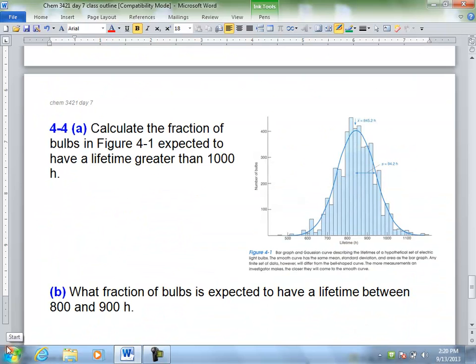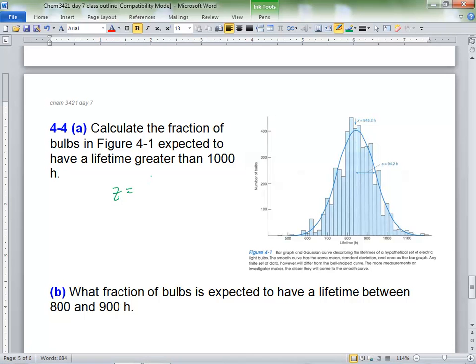And then there's one last question here. I can get you started on it. This is exactly the same as what we did before, except you just have to calculate your z. What's the probability of having a lifetime greater than 1,000 hours? Z is x minus x bar all over s.